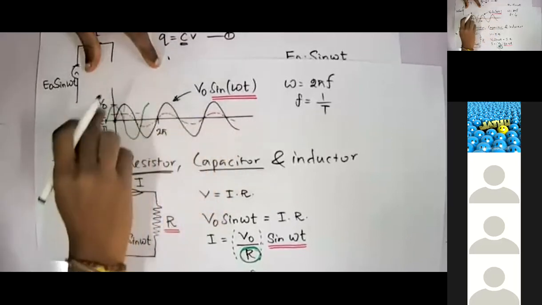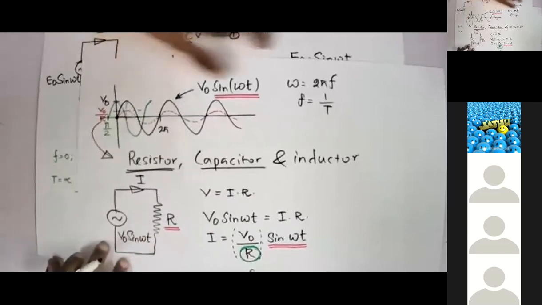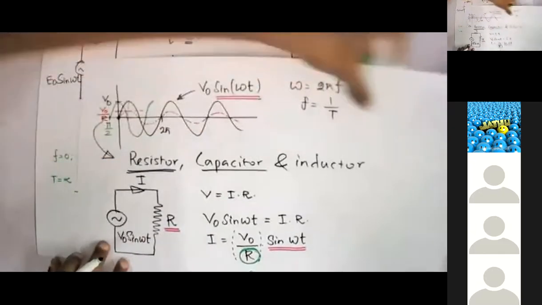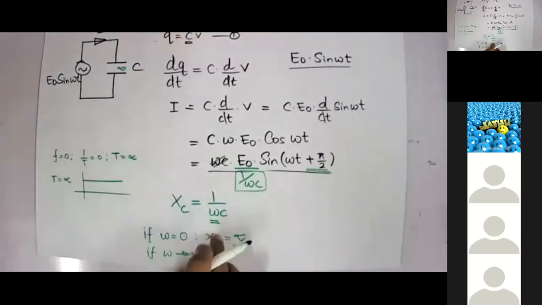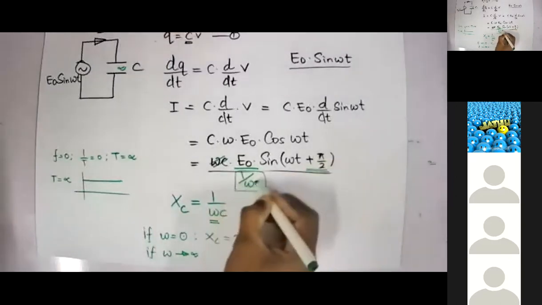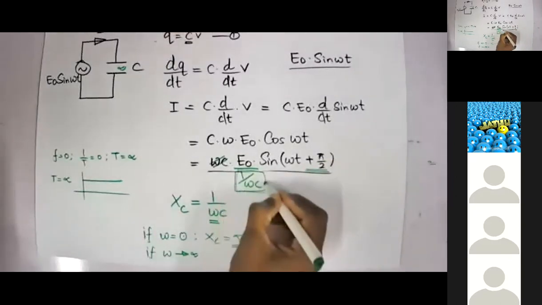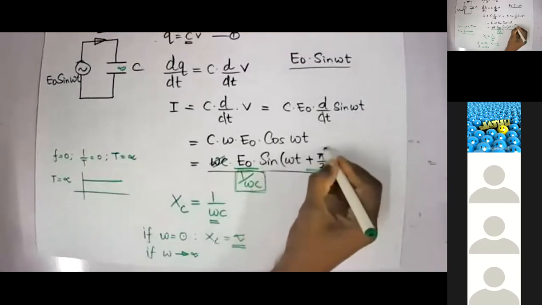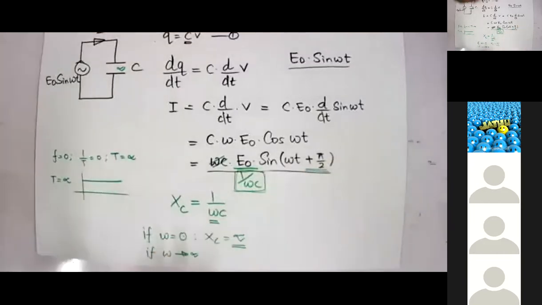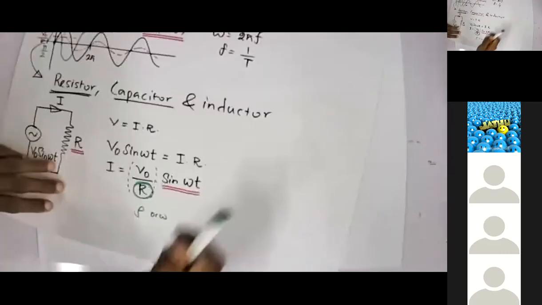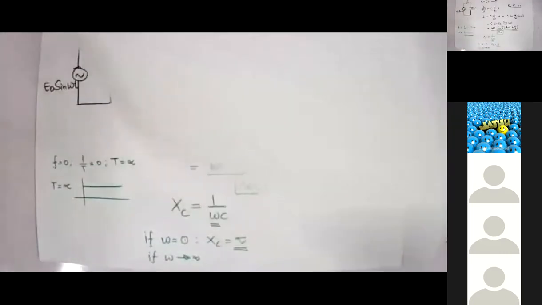This will be the waveform through the capacitor. So if you have a capacitor, apart from the capacitive reactance, you have another pi by 2 phase shift. Clear? Now we'll move to the inductor.